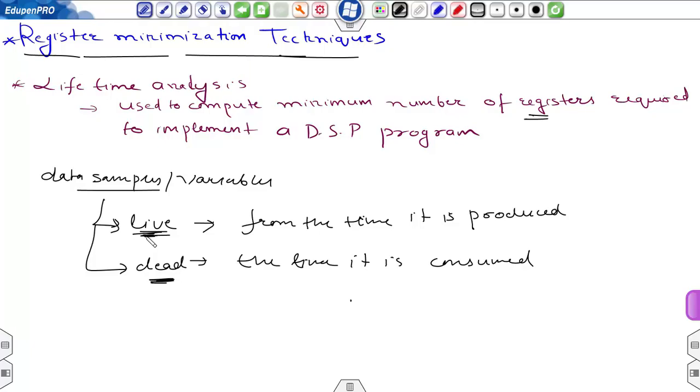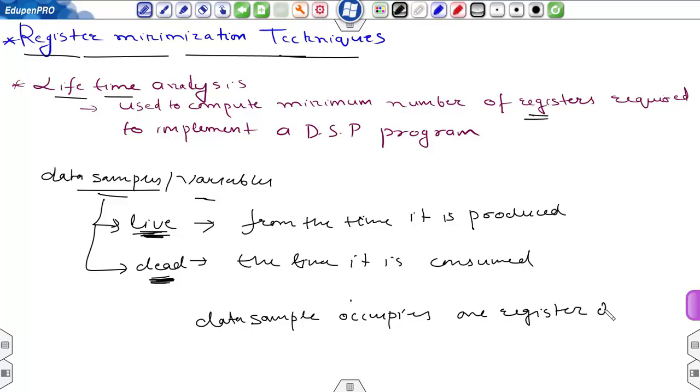And these two terms will be used to calculate the lifetime of any data sample or variable. Okay, and the data sample occupies one register during each time unit that it is live.